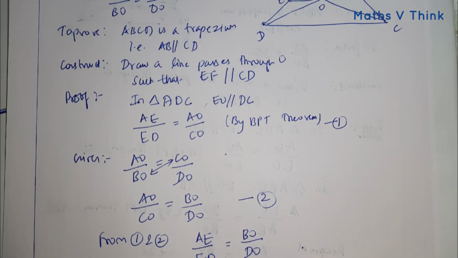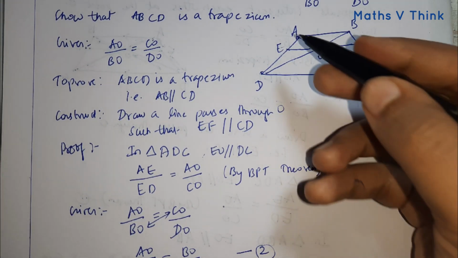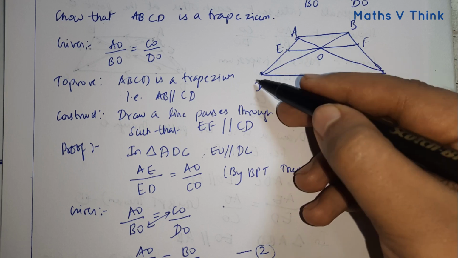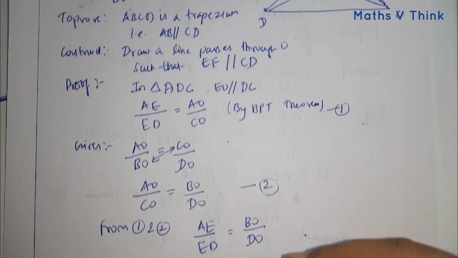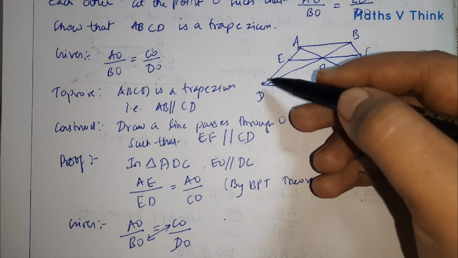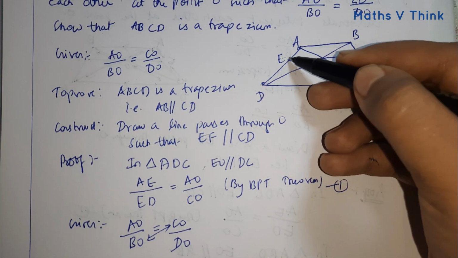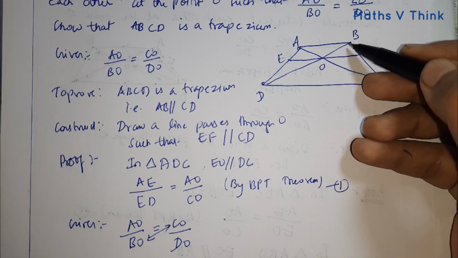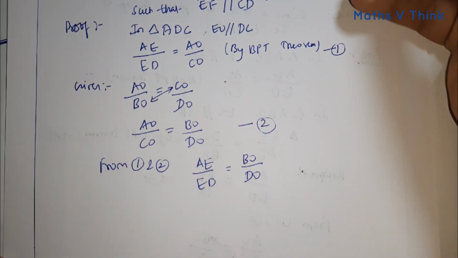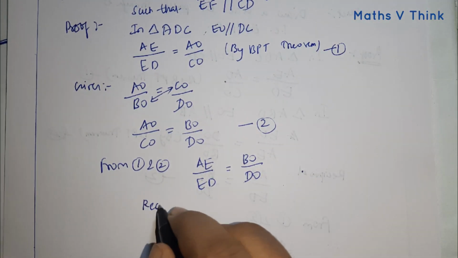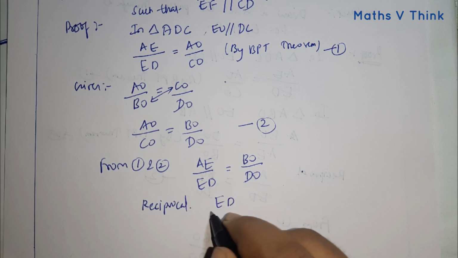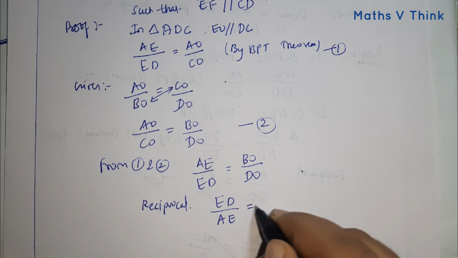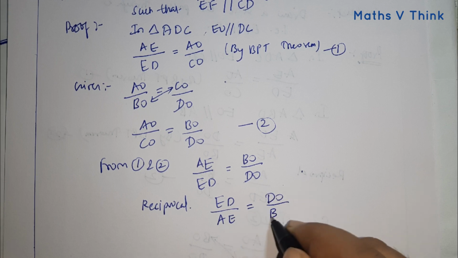Now check in the diagram. I got AE by ED is equal to BO by DO. If I reverse this, I'll get in proper order. That is, this by this is equal to this by this. So reciprocal it. ED by AE is equal to DO by BO.